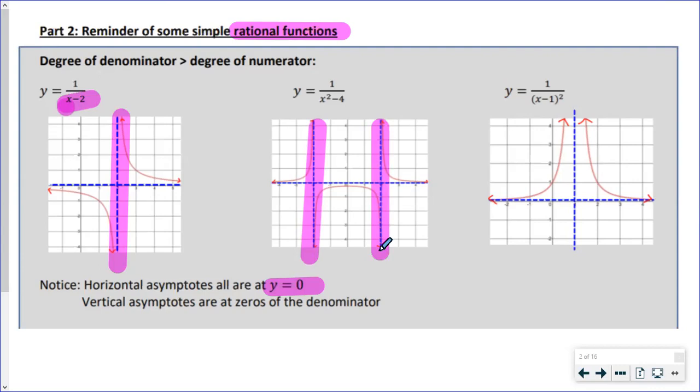So we're going to look at some examples of that. And of course, when x minus 1 squared cannot be equal to 0, that means x cannot be equal to positive 1. So x is equal to 1 would be our vertical asymptote there.